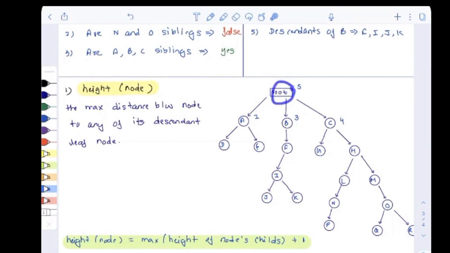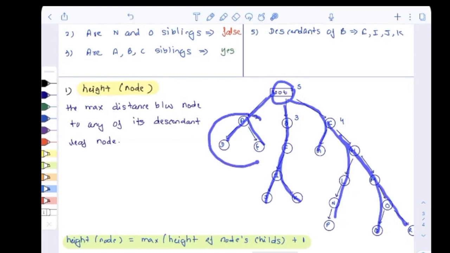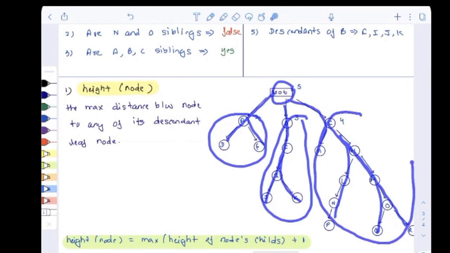Now understand, guys, root's leaf descendant will either lie in A's subtree, or it will lie in B's subtree, or it will lie in C's subtree. Understood the point? So now understand, if you got the answer of A, if you got the answer of B, if you got the answer of C, can't you just take the maximum of them and just add plus 1 to that so that you can get your answer?